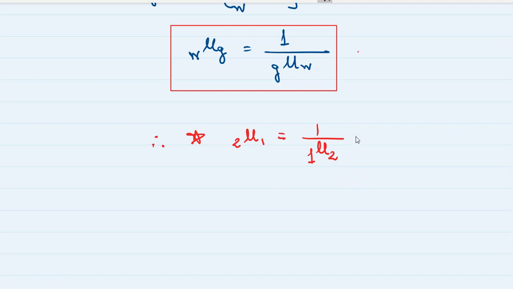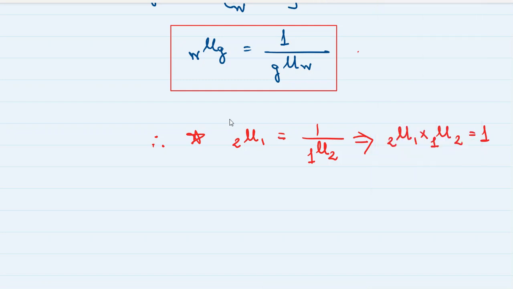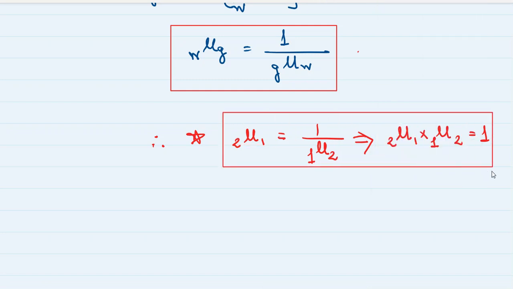And this implies that refractive index of medium 1 with respect to medium 2 multiplied by refractive index of medium 2 with respect to medium 1 is equal to 1. This is a very, very important relationship which we have derived.